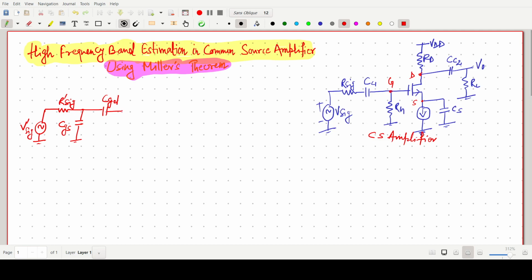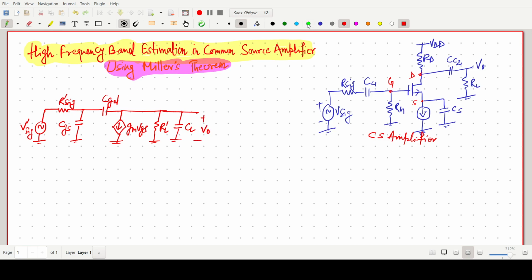Okay, and this should be our gm VGS. In addition, there will be some resistance, say RL dash and CL dash. Okay, and this voltage is nothing simply our V naught.